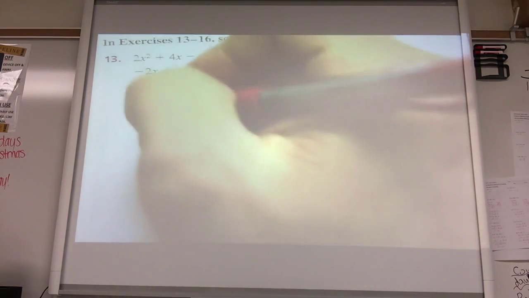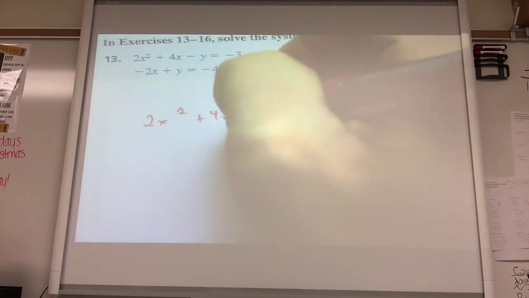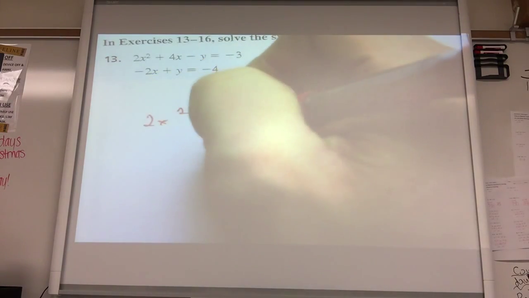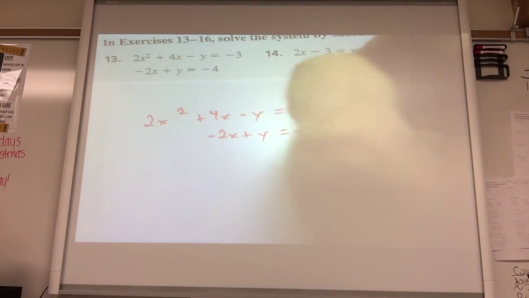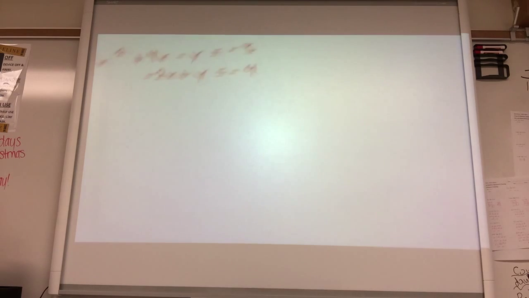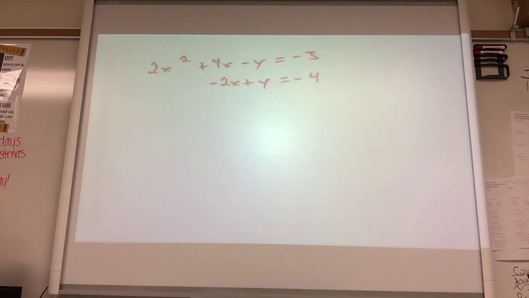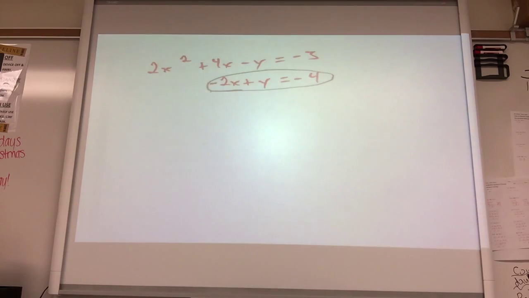So I've got 2x squared plus 4x minus y equals negative 3. And then I have negative 2x plus y equals negative 4. All right, so here's my system that I'm trying to solve using substitution. I'm going to start off by solving this for y.